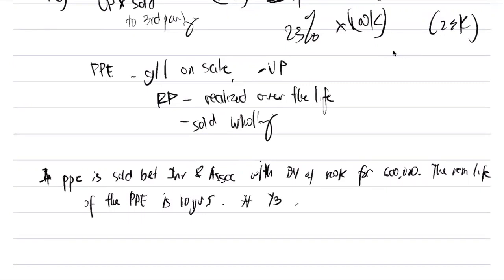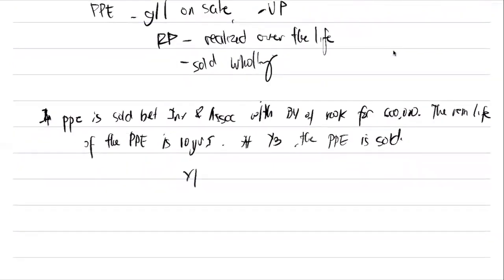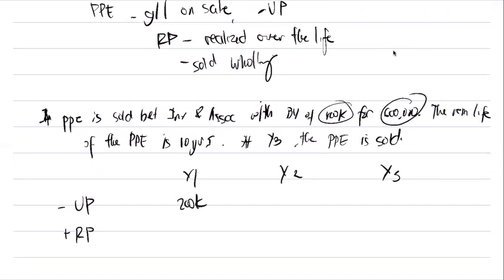At year 3, the property, plant, and equipment is sold. Okay, so year 1, year 2, year 3. Unrealized profit, realized profit. So our unrealized profit here, the gain, 600,000 versus 400,000. So 200,000, that is the gain.